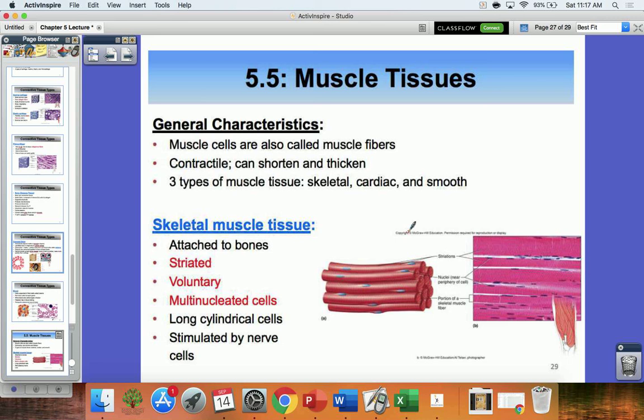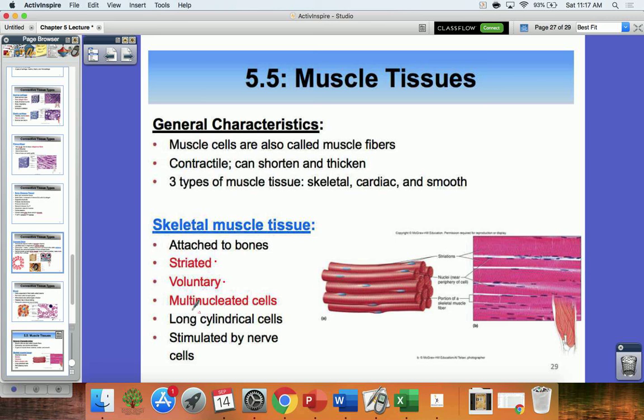Skeletal muscle is going to be the only one of the three that's voluntary. The only one that's voluntary. It's also striated. It's one other that's going to be striated, and I'll tell you more about what that means. It just means that they have these stripes and bands because the fibers, or the proteins that make it up, are arranged in such a way that causes these stripes or striations and bands.